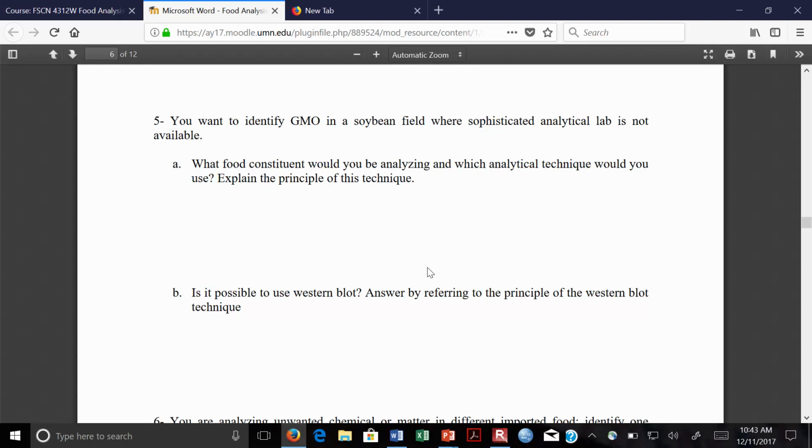Question 6 really focuses on the next lecture, which is the contaminants of concern. But this is a very typical question that I would ask, where I would give you either a list of products, or a list of contaminants, and I ask you which products these contaminants might be in.